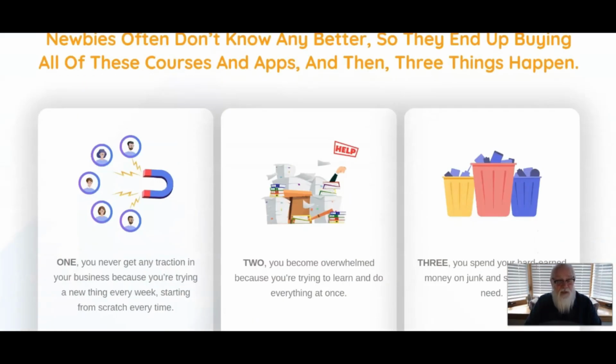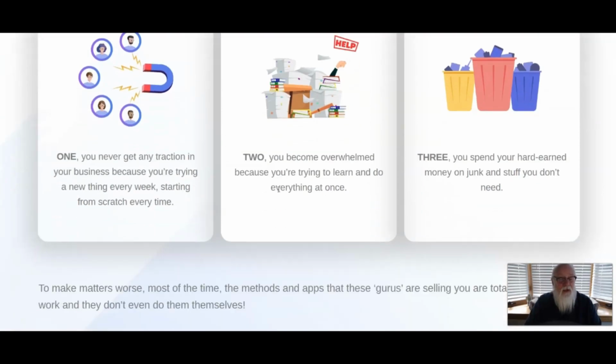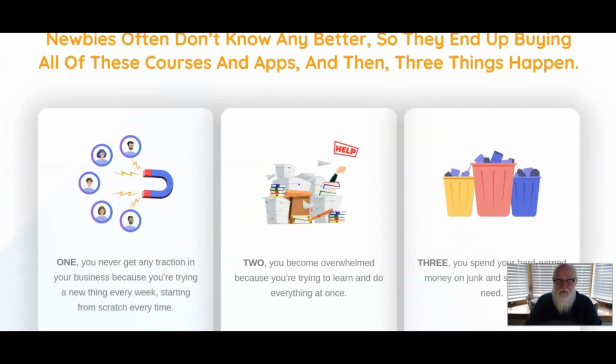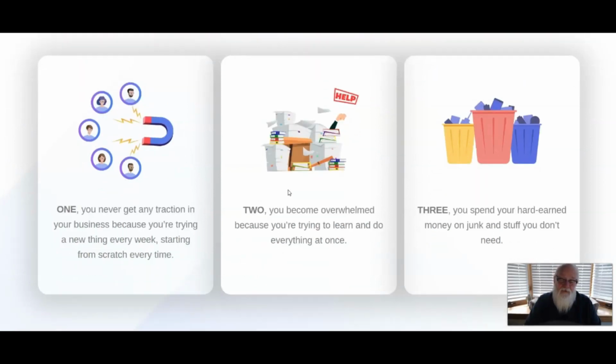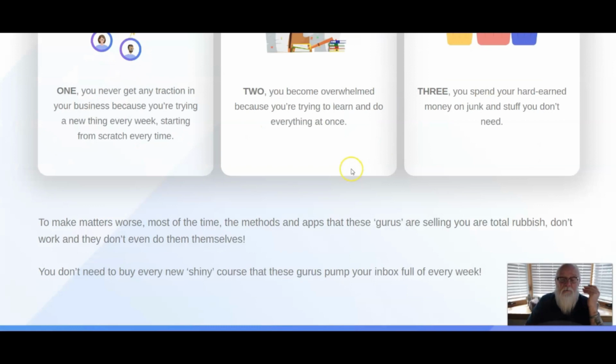It's interesting. Do be sure you read it. And Philip here does a good job of showing you visually what happens when you're always buying new stuff, when you're not sticking with one proven strategy to work. You never get traction, you get overwhelmed, and you spend your hard-earned money on crap.